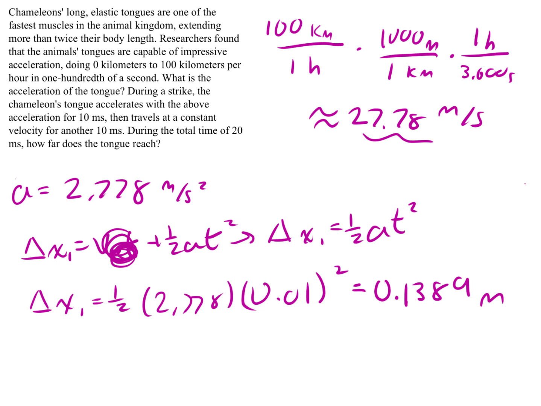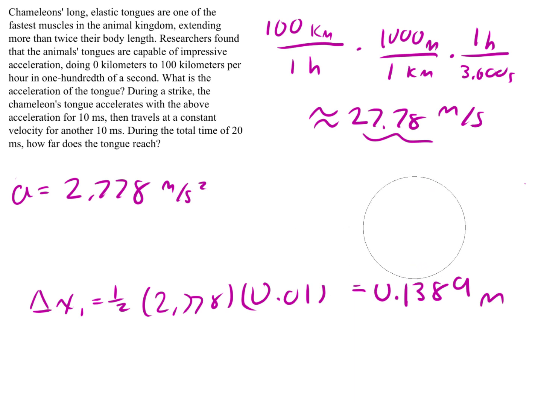Now for the second part, we can use the same kinematic equation. If you recall, the change in x is equal to the initial velocity times time plus 1/2 times acceleration times time squared.